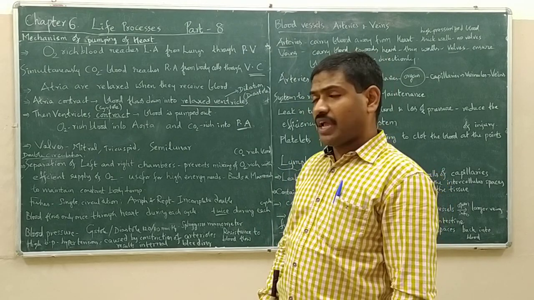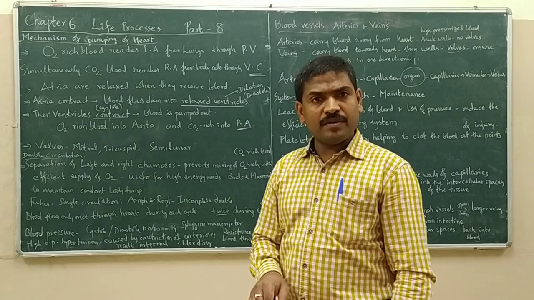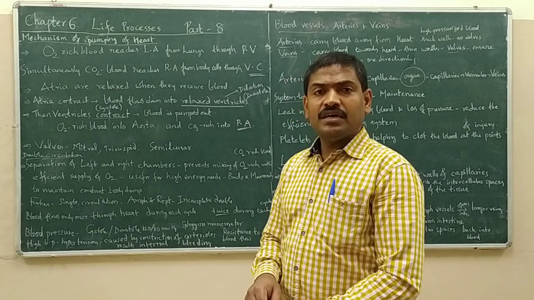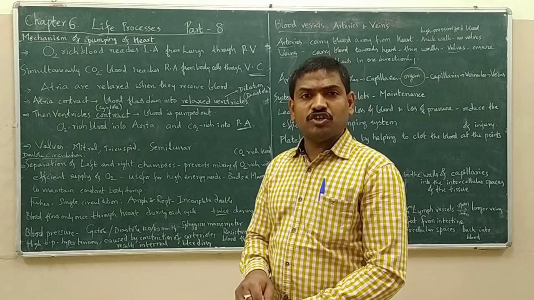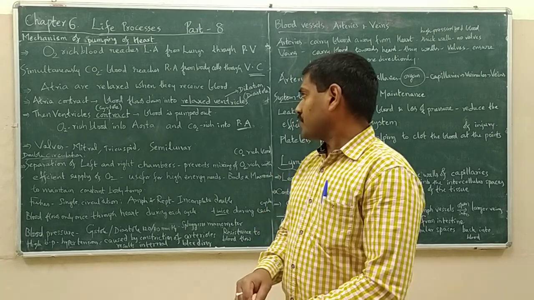So, the right ventricle receives the carbon dioxide rich blood from the right atrium and the left ventricle receives the oxygen rich blood from the left atrium.